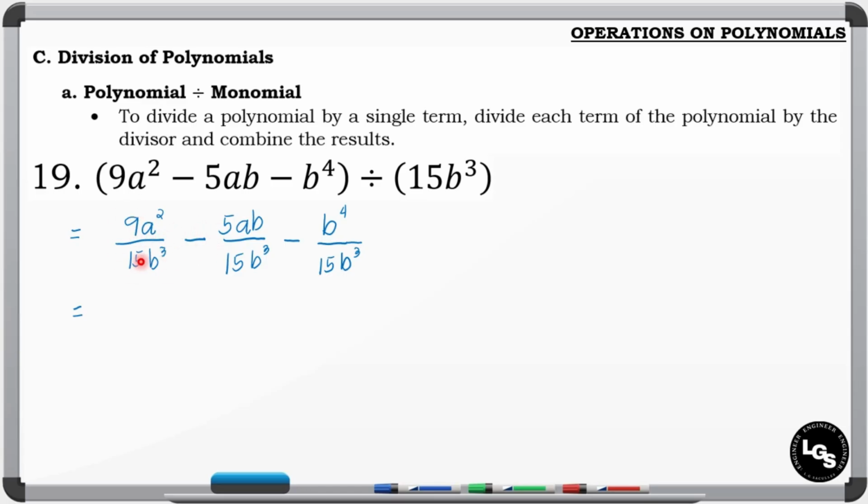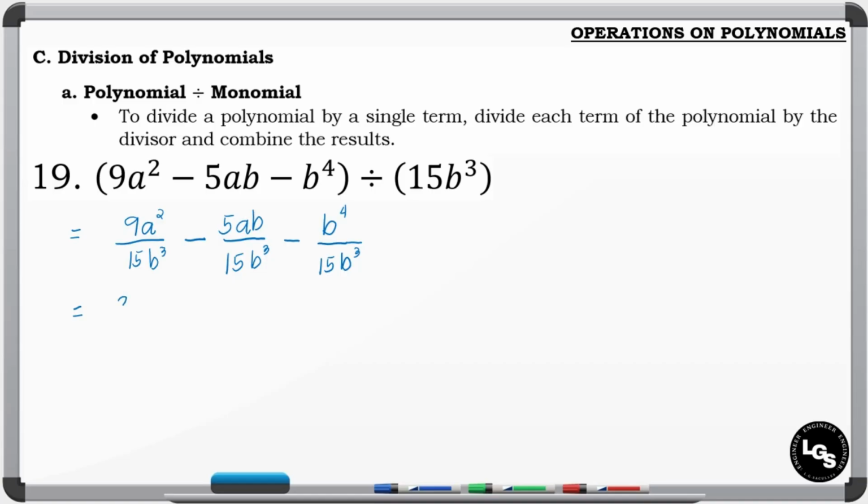So we can first divide the coefficients or the numerical terms. So 9 divided by 15. So basically, 9 is lower than 15, so we cannot divide that, but we can simplify it. So 9 over 15, or the lowest term for that is 3 over 5.